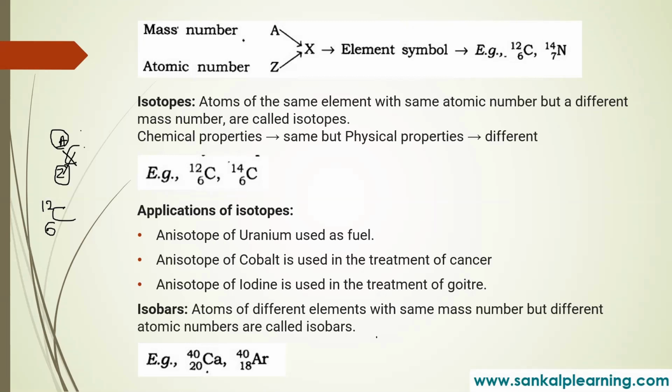We know how to identify them, and there are some elements which have the same atomic number but different mass numbers.